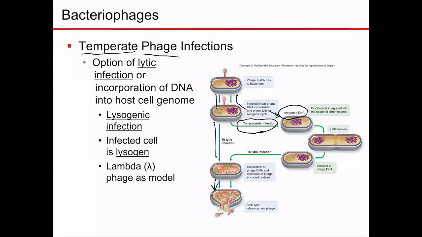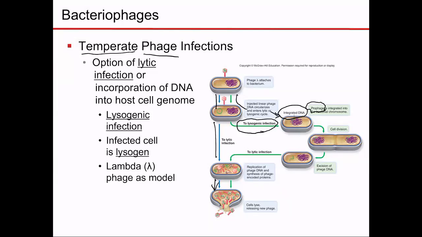When the genome of the virus is integrated in the chromosome of the cell, we're going to call that viral DNA integrated the prophage. So in the lysogenic cycle, that bacteriophage genome is not expressed and is instead integrated into the bacteria's genome to form the prophage that I just mentioned.